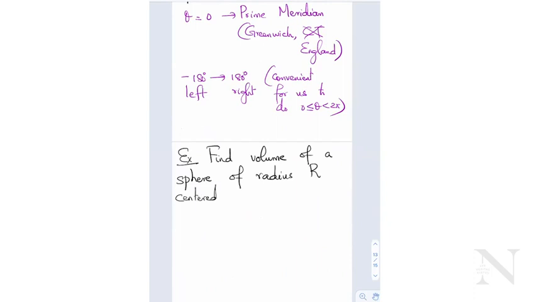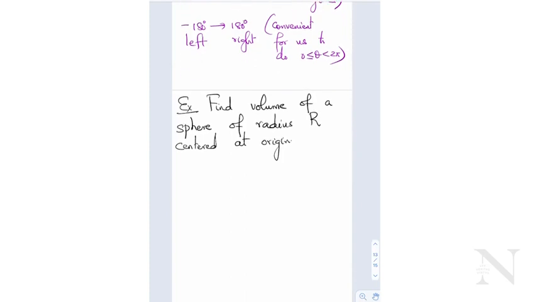The formula for the volume of a sphere is not going to change, but it's convenient if you don't shift the origin and keep it somewhere else. So centered at the origin. That's the only thing we know, right? The radius. Everything else should come from the spherical coordinates, and the volume is just the triple integral of 1 dv.